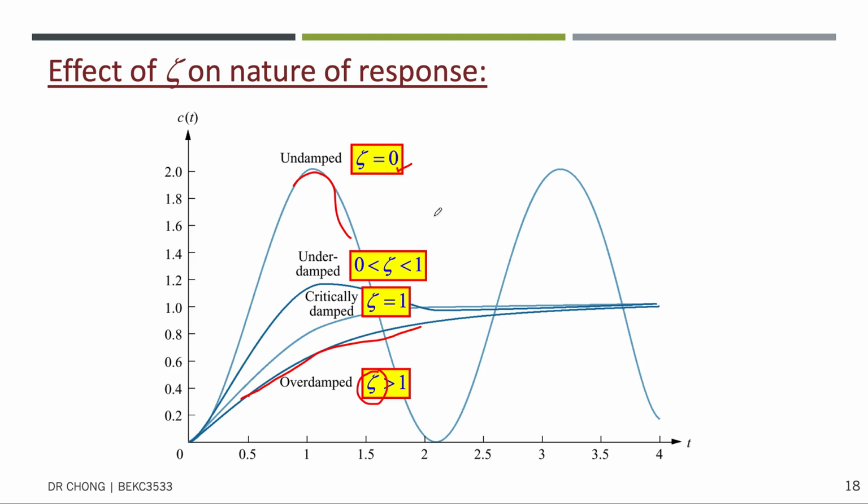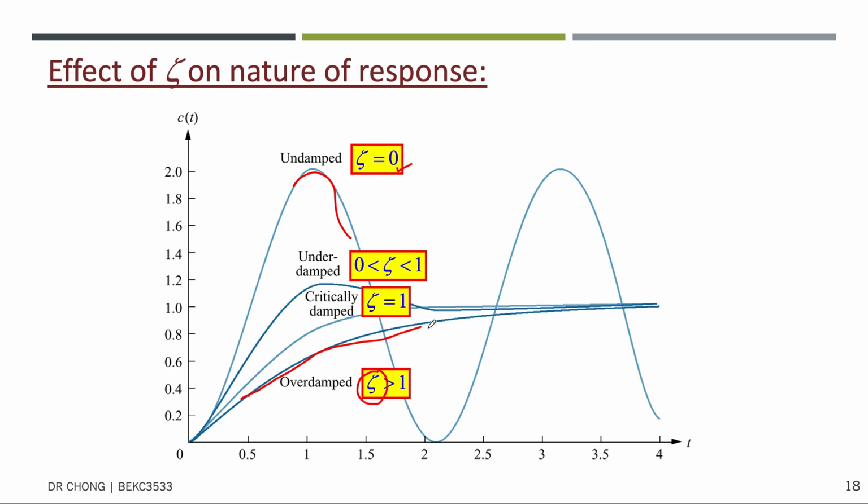It might go faster, but it might easily tend to oscillate. But if the system has high damping zeta, the system will not oscillate, but it will move a little bit slower than we expect.